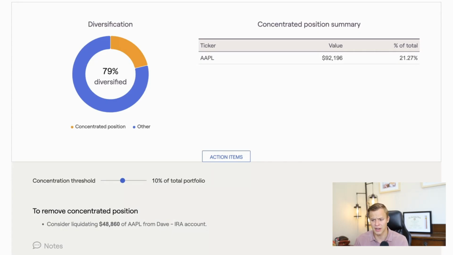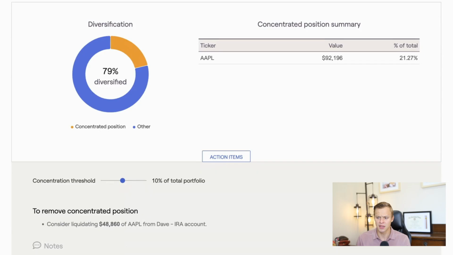So if we scroll down here, if we say, hey, we want a concentration threshold of 10% of the total portfolio, meaning we don't want any one position to make up more than 10% of our portfolio, we can see here that we should consider liquidating $48,860 of this one position to bring that percentage from 21% down to 10%.